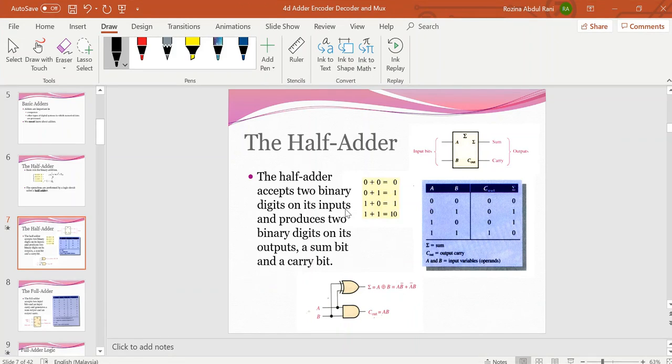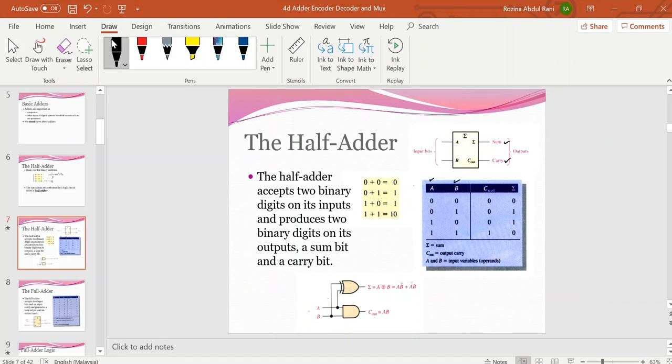The half adder adds two single binary digits A and B. So let's say we have these two variables A and B. The half adder will add these two single binary digits. The half adder has two outputs: sum and carry.